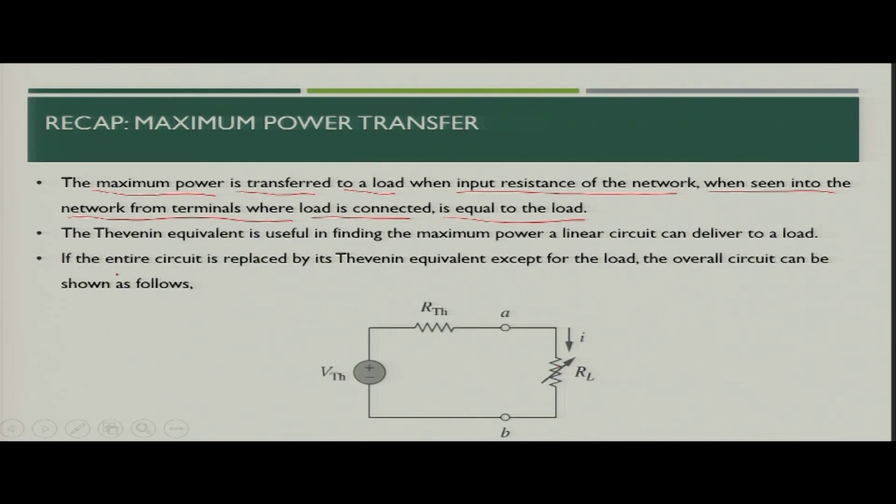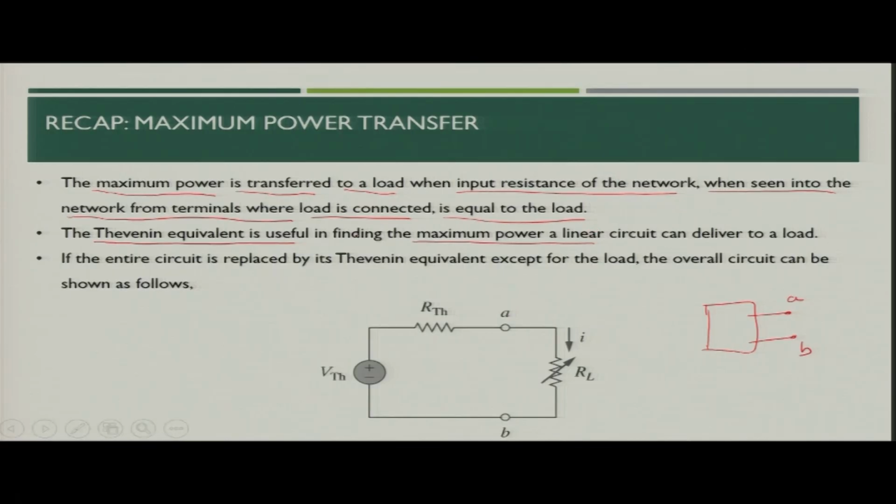That means, if you look from the terminal into the network, you will see the input resistance of the network, and that would be precisely equal to the load. To do this we use the Thevenin equivalent, because the network may have multiple sources and multiple elements, so we convert it into the Thevenin equivalent shown in the figure, and then we can analyze the maximum power transfer.